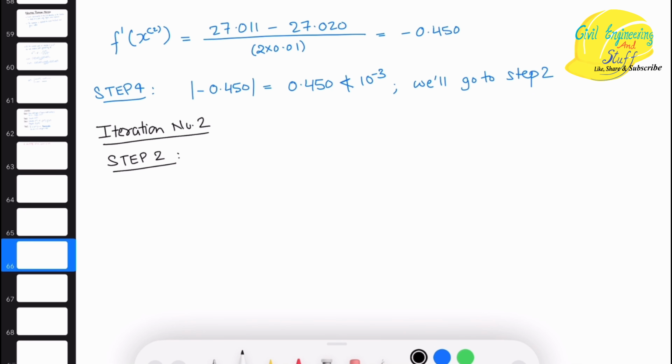So let's find out the second derivative, f double dash x of 2. This will be equal to... first of all, for that we have to find out the value of xk also, right? So before solving it, let me first find out the value.